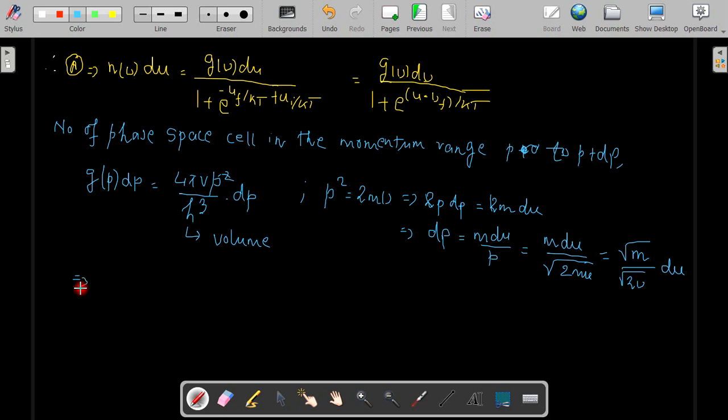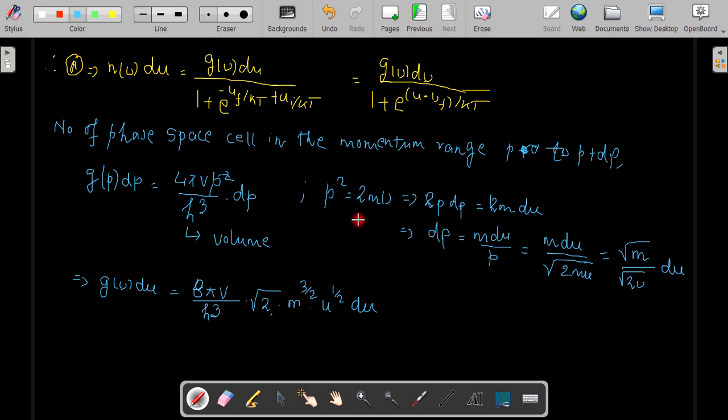If I simplify this, the final result I get is g(u) du is equal to 8π V divided by h cubed into root 2 m to the power 3 by 2 into u to the power half du.